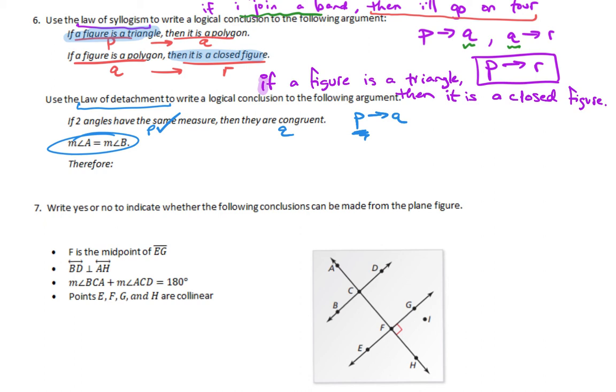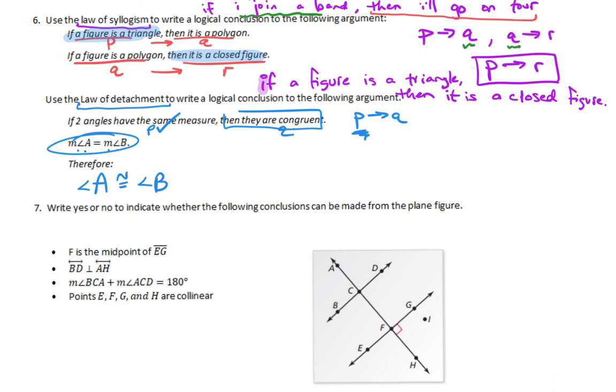So Q has to be true as well. So angle A must be congruent to angle B. And if you remember from what we did last week, that's our definition of congruent angles, or definition of congruence. So you're definitely going to use that again.